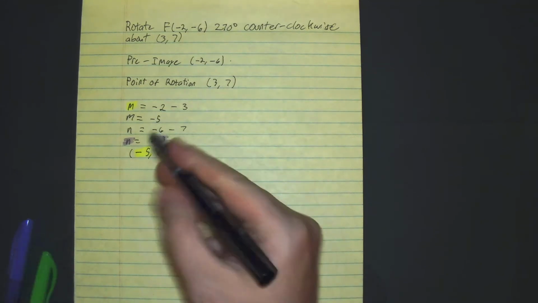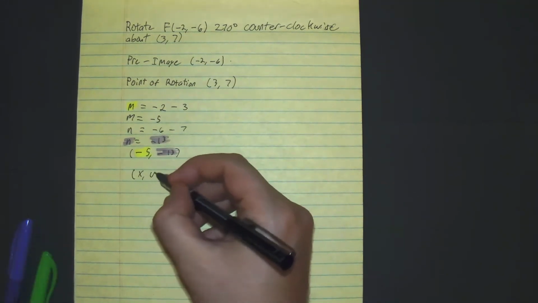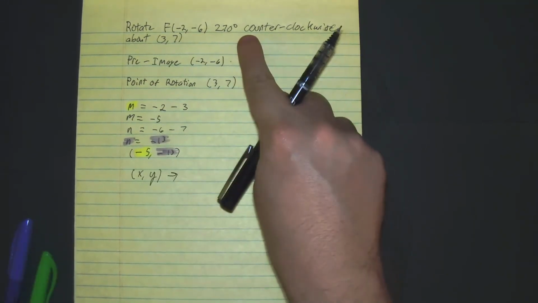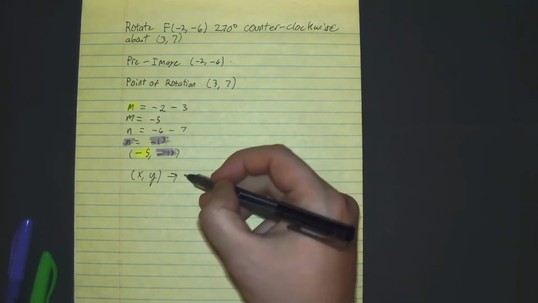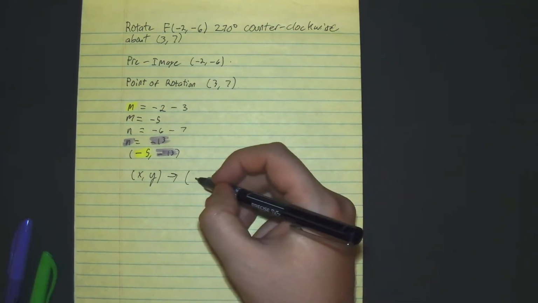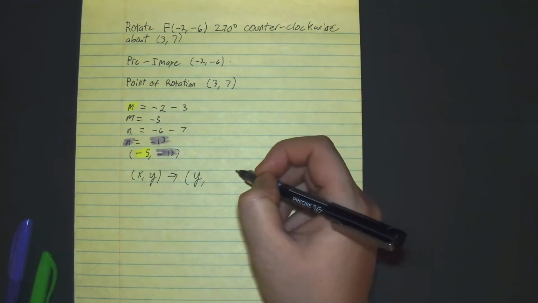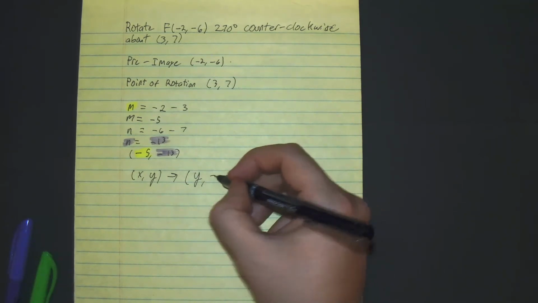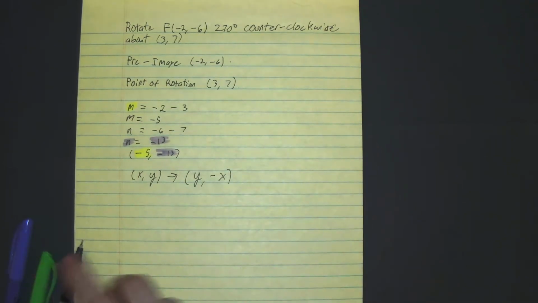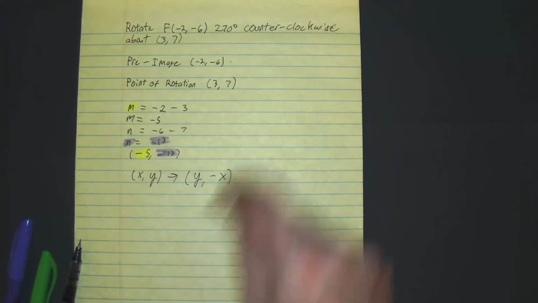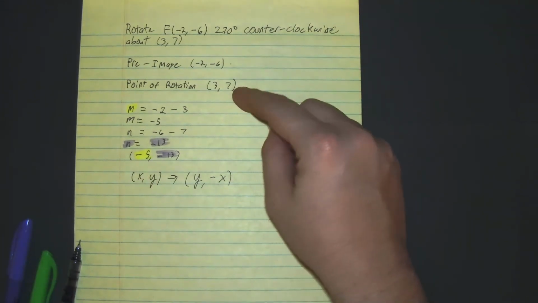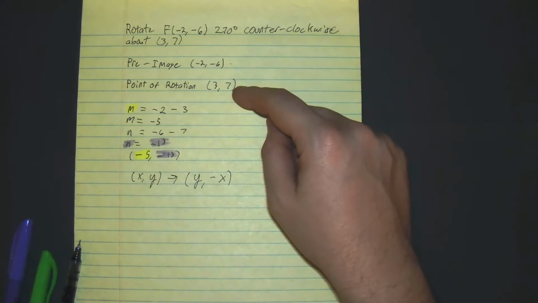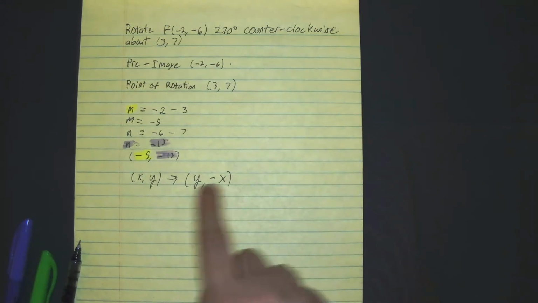So typically when you do a rotation about the origin, it becomes x comma y, 270 counterclockwise, which would become y comma -x. But here we're going to be using these M and N values because the point of rotation is acting as a makeshift origin, so we can use these rules.